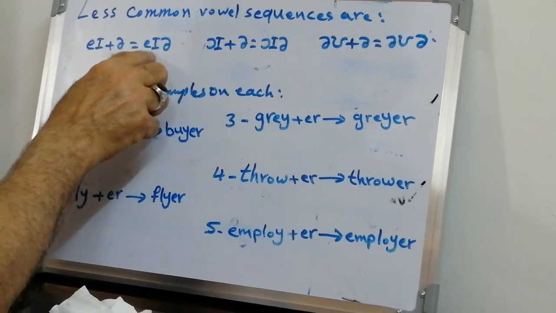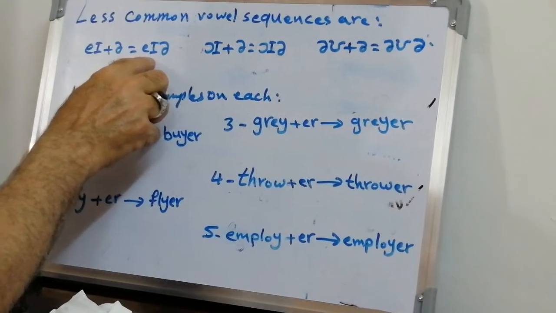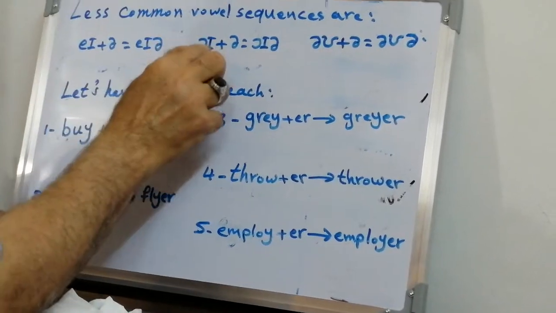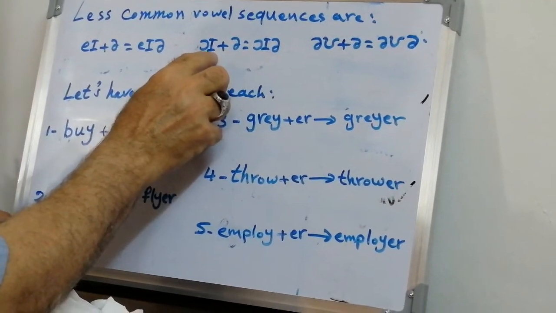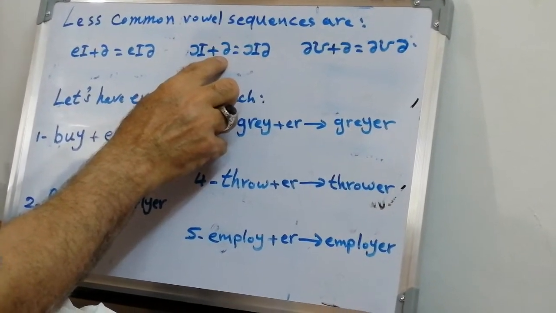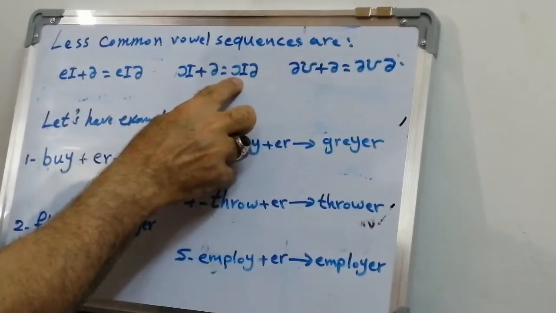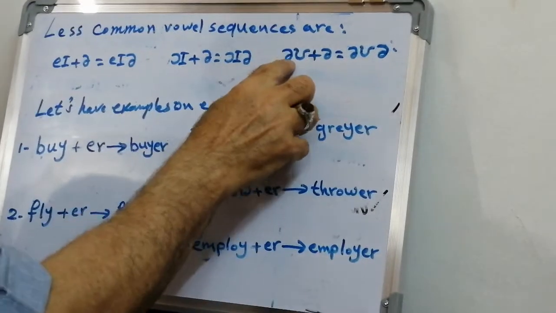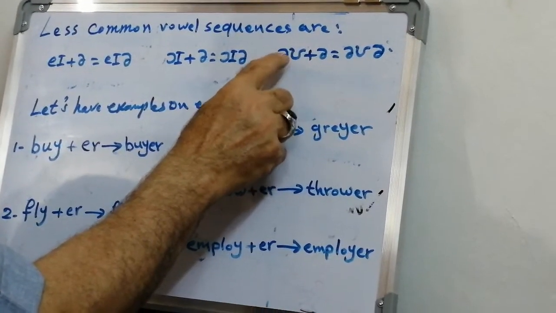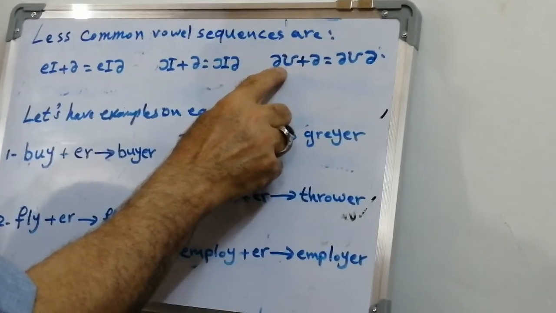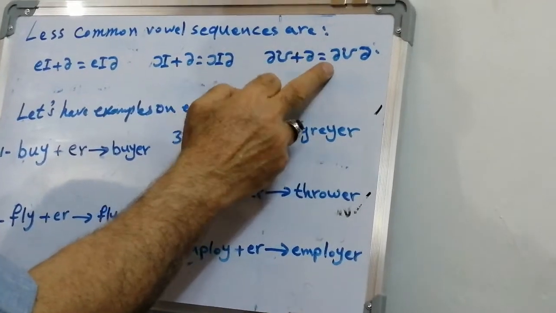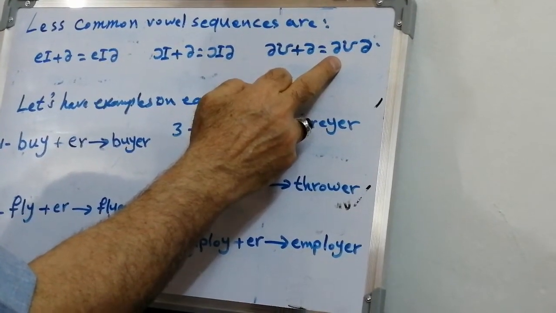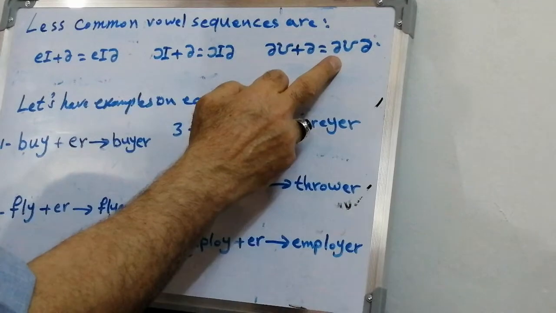This oi, as in boy, plus schwa, becomes oyer. And then the last one is this vowel sound, ow, plus schwa, which is going to be ower.